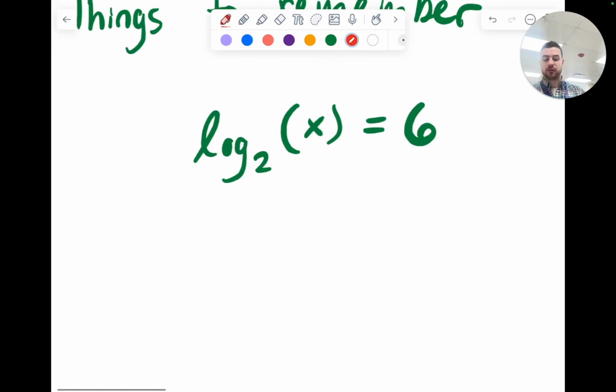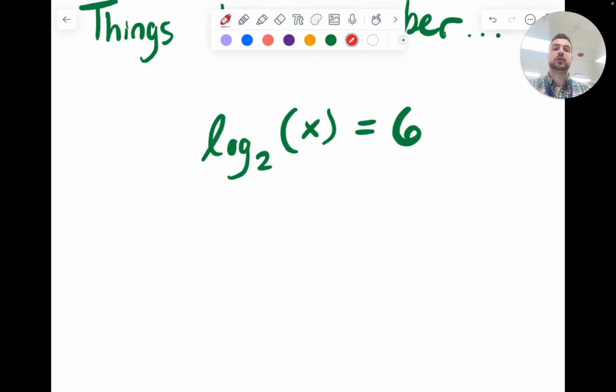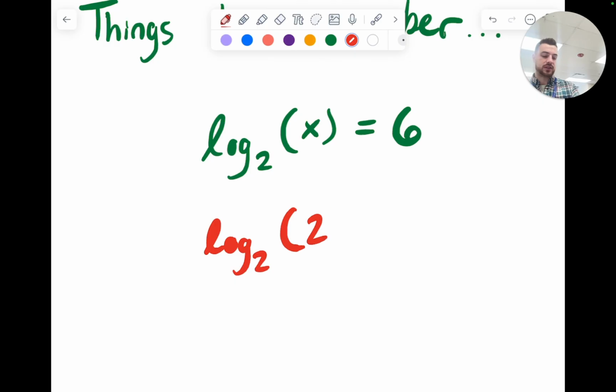If we have log base 2 of x equals 6, and we want to get rid of this log, we would need an exponential that has the same base. The property we looked at was log base 2 of 2 to the x power.